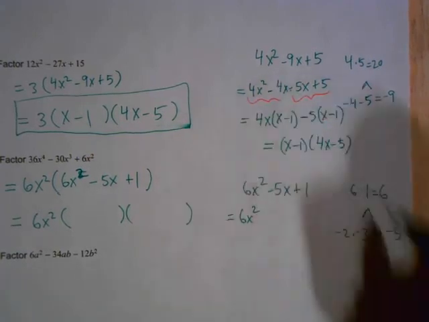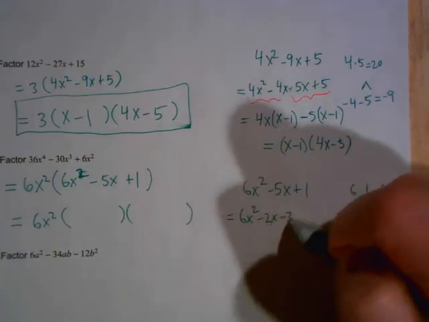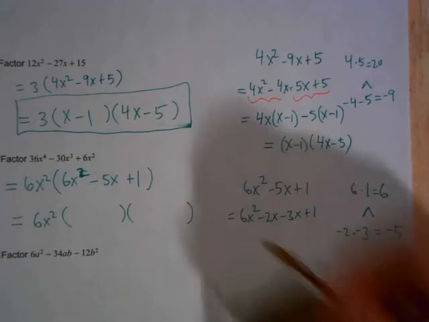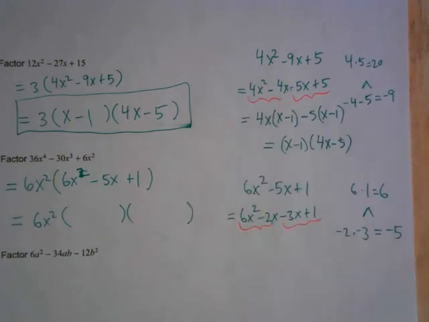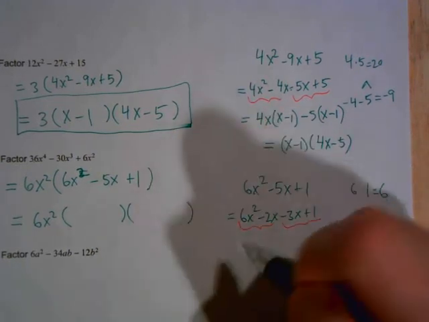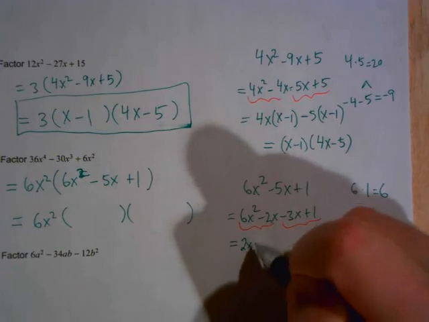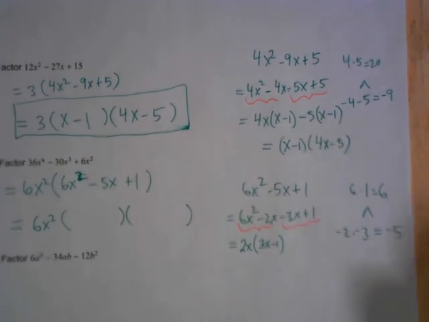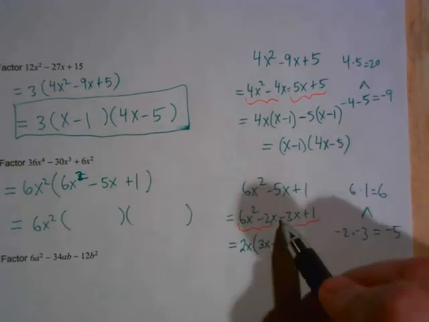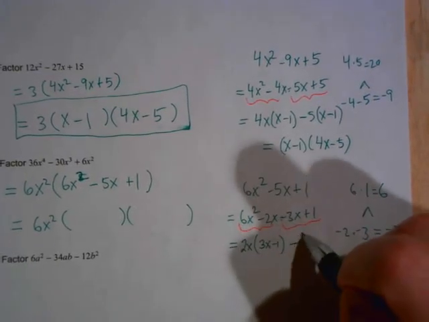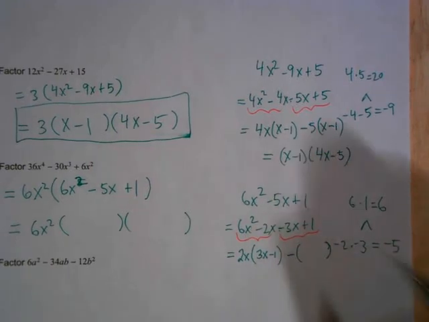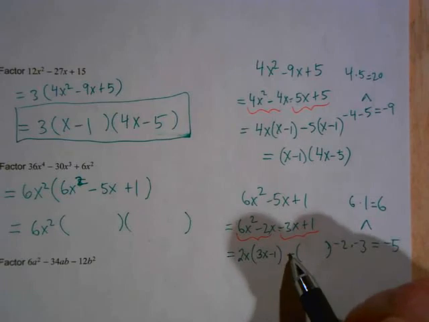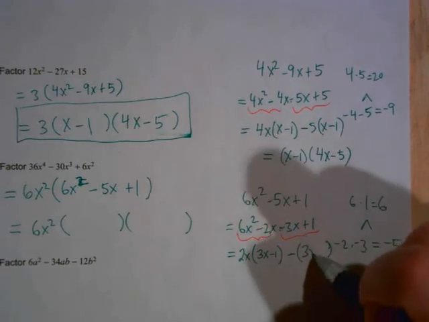6x squared minus 2x minus 3x plus 1. 4 pieces. 2x is common in my first group. Looks like a 3x minus 1 left over. A minus, because that's a minus. And here I notice I don't have any common term. But that's okay, because I take out this minus. That means this becomes a 3x minus 1.